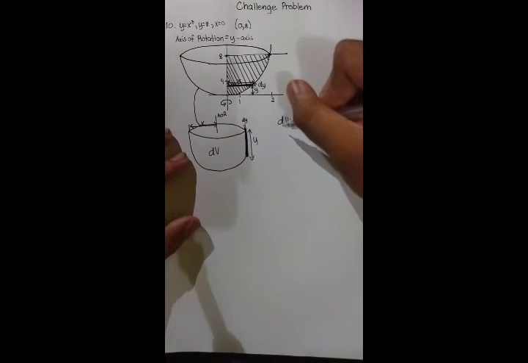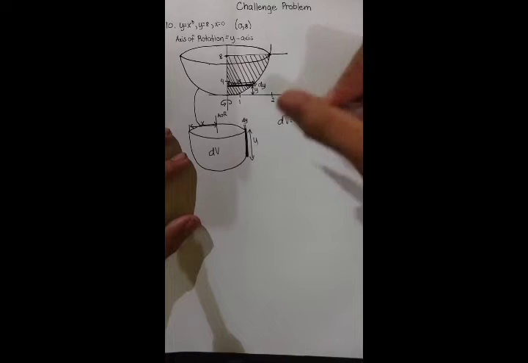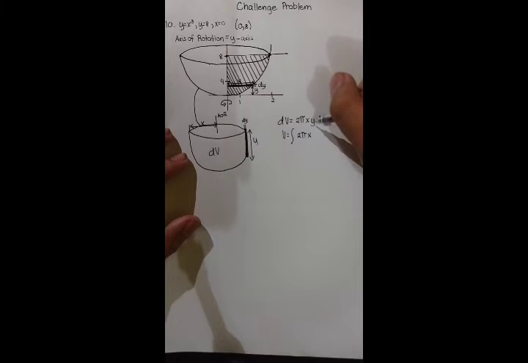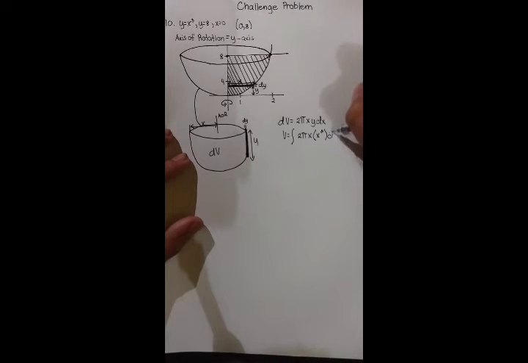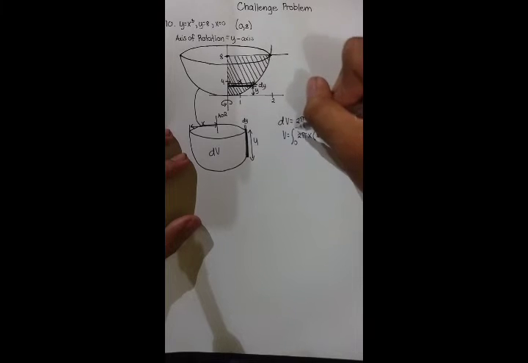So, the derivative of the volume is 2 pi x y dx, and the volume is equal to the integral of 2 pi x, substitute y to x cubed, dx, and the limits are from 0 to 8.